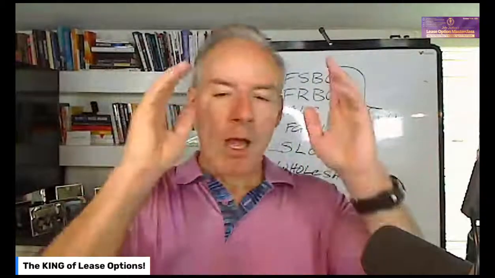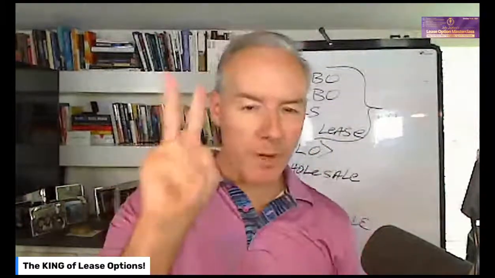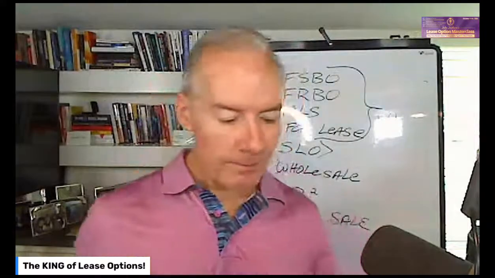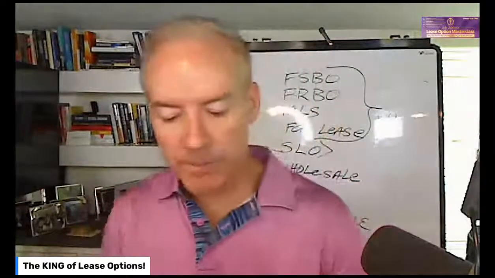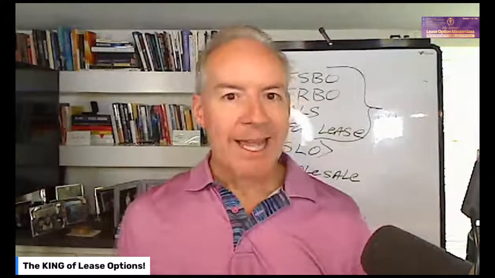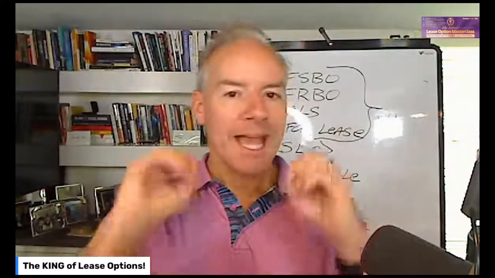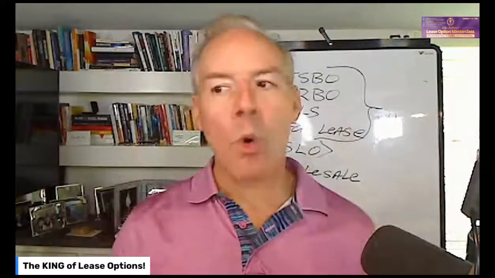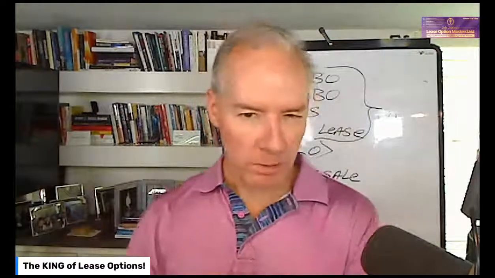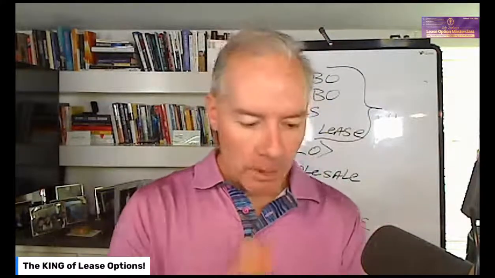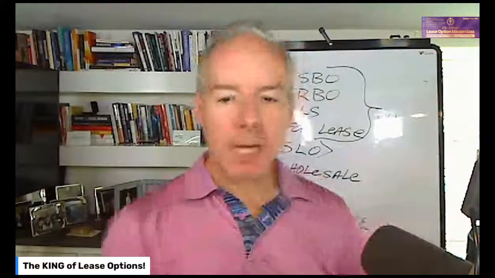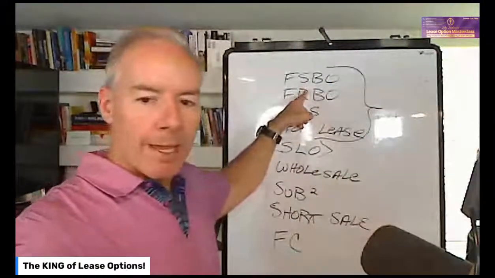For rent by owner is very low hanging fruit. For rent by owner is one of two categories. If a person has a house for rent by owner, that means that homeowner is either an investor or an accidental landlord. What do I mean by that? If someone has a house for sale by owner, then they go for rent by owner.